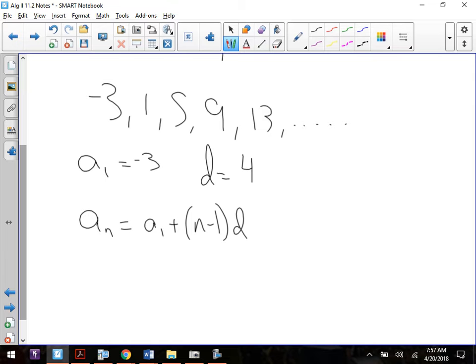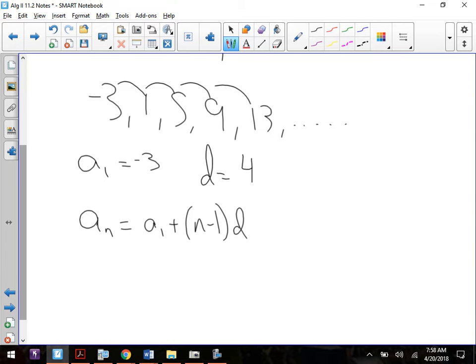Easiest way to tell whether or not your differences are the same is just look at between each term. It would have, but not every one of them was an arithmetic sequence. Some of them were geometric, some of them were neither. There was no common difference. We're not there yet. We'll do geometric next week, but geometric can have a common ratio.